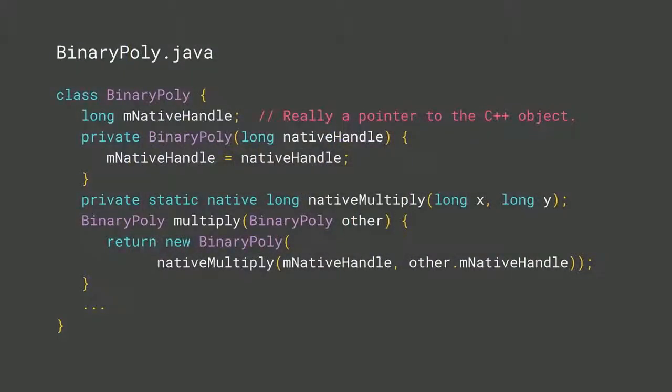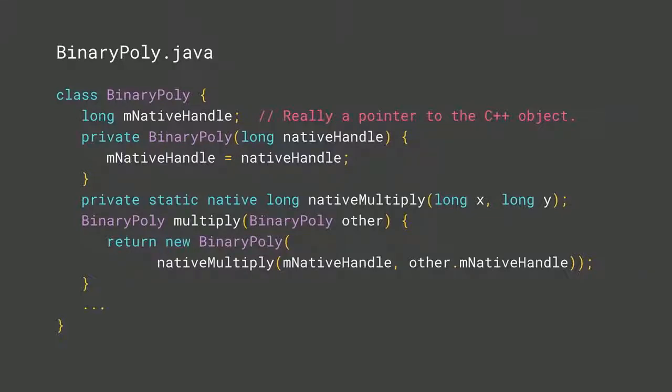When you want to multiply two of these, this is eventually going to call this native multiply function. It's going to pass it two Java longs. This is going to go into some JNI code, which will cast those Java longs to C++ pointers and manipulate the C++ objects. And in this particular case, return another Java long, which is really a C++ pointer.